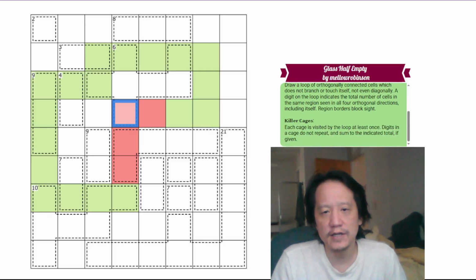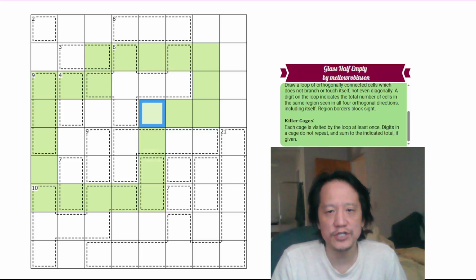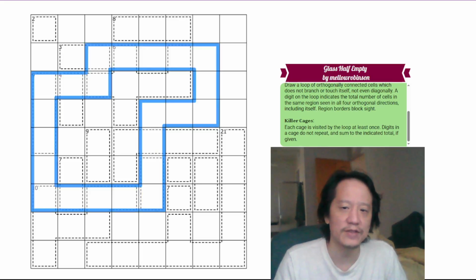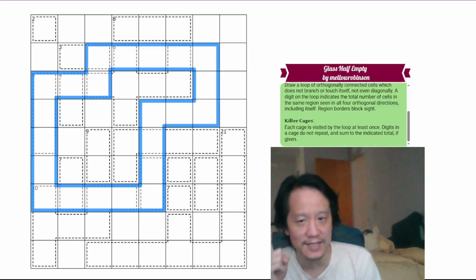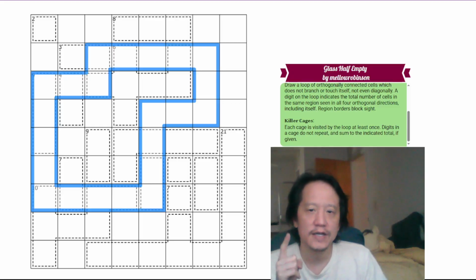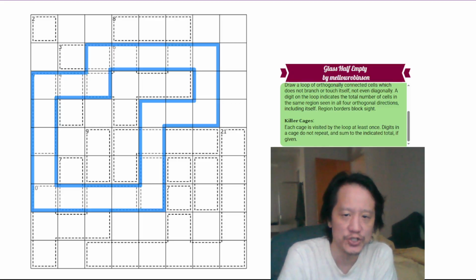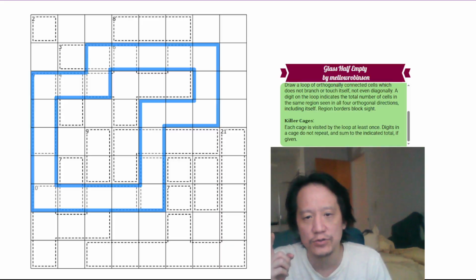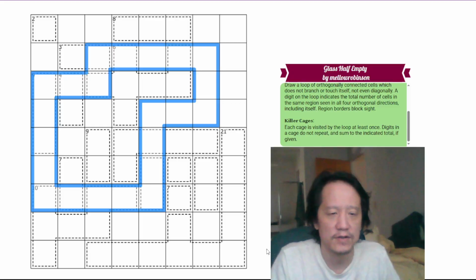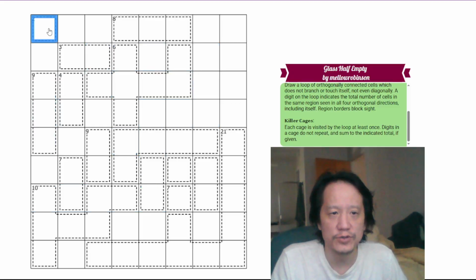And then finally, we have killer cages, where each cage is visited by the loop at least once. And digits in a cage do not repeat and sum to the indicated total if given. So, for example, this would have to be a 2.